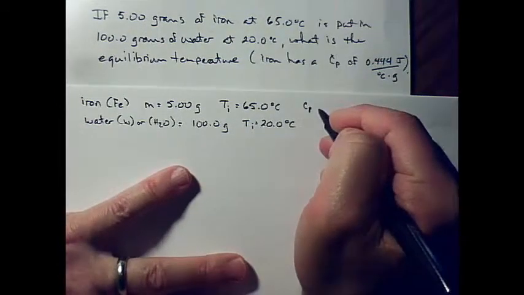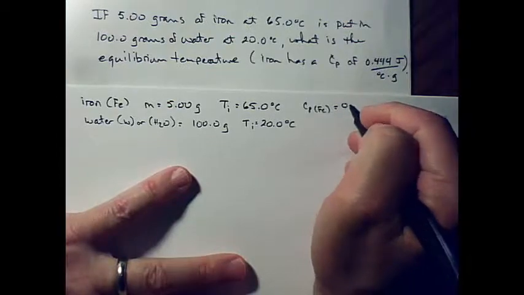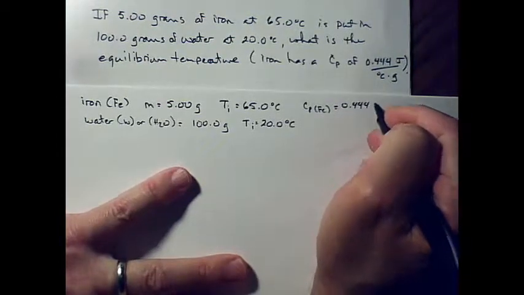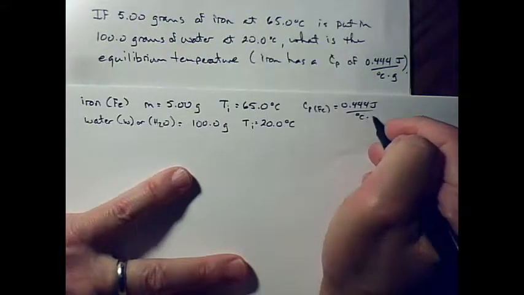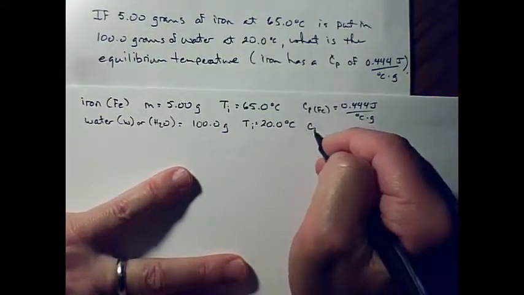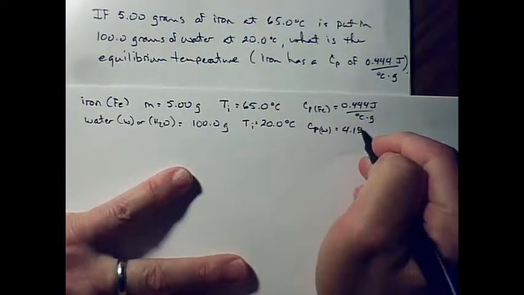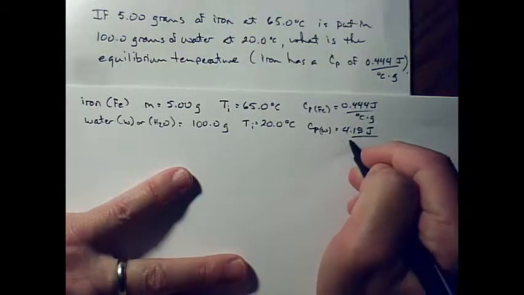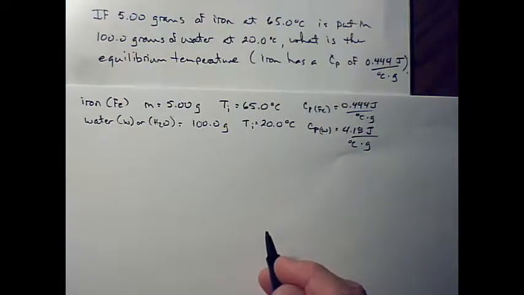The specific heat of the iron is 0.444 joules per degree C per gram. We know the specific heat of liquid water, or you should now, 4.18 joules per degree C per gram. And so we have everything we need to solve this problem.